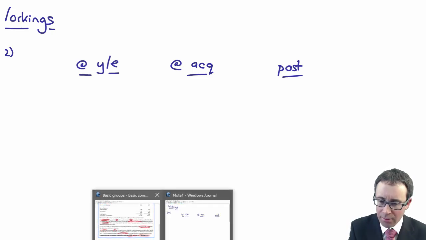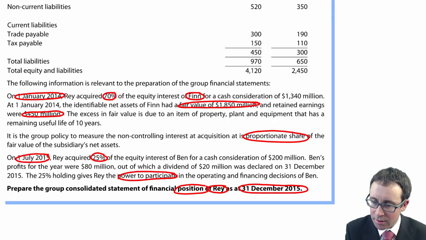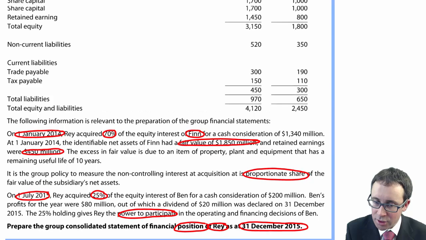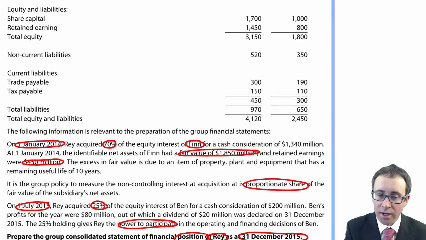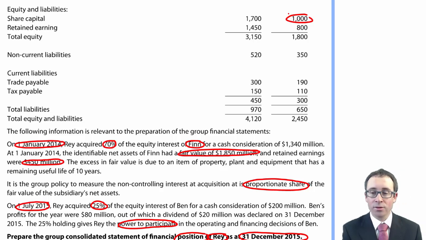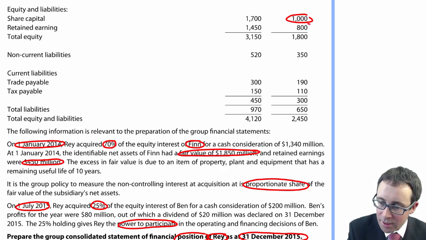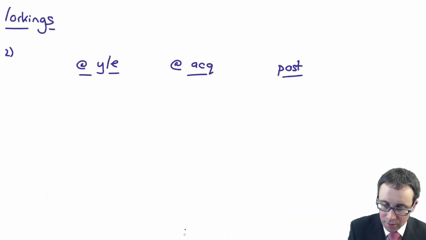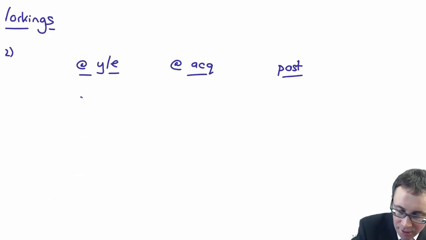So what I will need to do is I will need to find those figures, won't I? From, is it the share capital? So the share capital of the sub at year end is 1,000, and the retained earnings at year end are 800. So I can put in 1,000, I can put in 800.